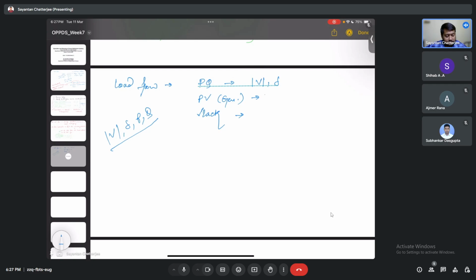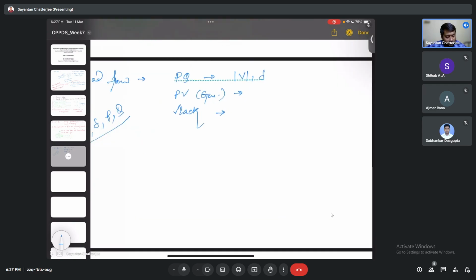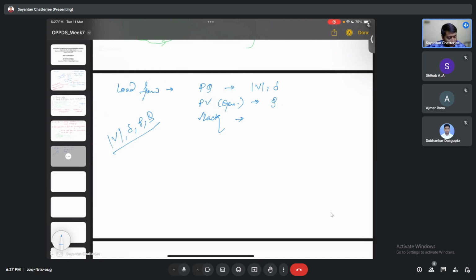And in PV buses, Q and delta need to be found, and in slack buses the values of V and delta are known, so nothing needs to be found for V and delta. Mostly the slack bus will take care of the remaining P and Q, that is the system losses, the line losses, and the load and generation mismatches.